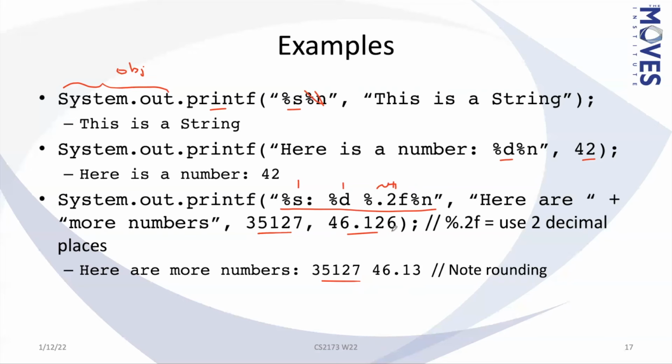So notice that instead of 0.126, it printed 0.13. So it's not clear whether, whenever you're doing something like this, it is going to round or truncate. It's not a law of nature. It's just something that the people who wrote the language arbitrarily decided, and they decided to round it.